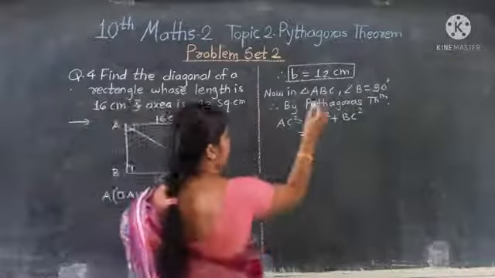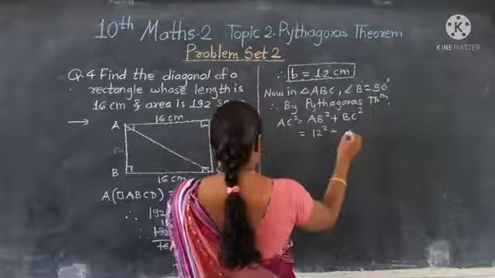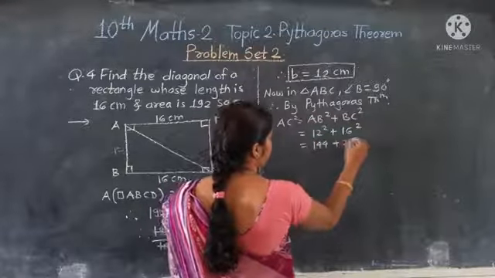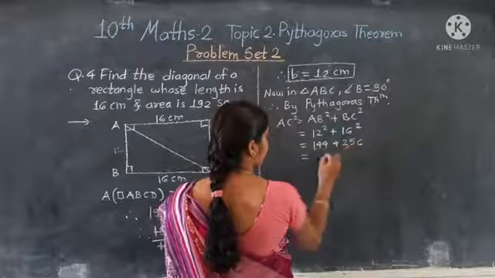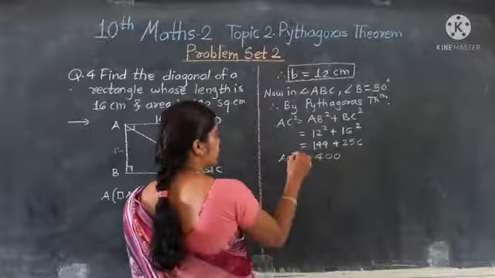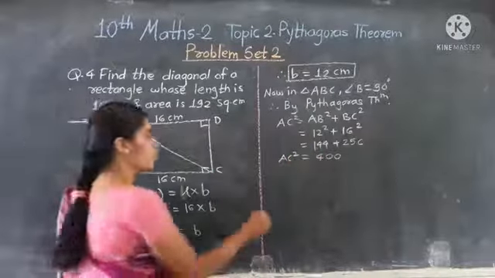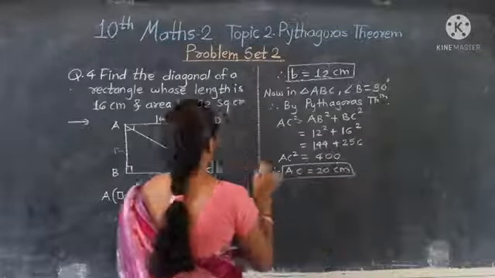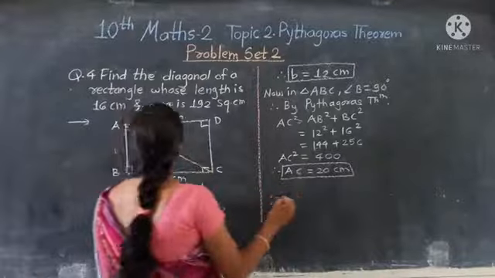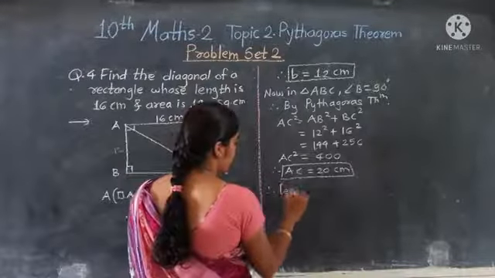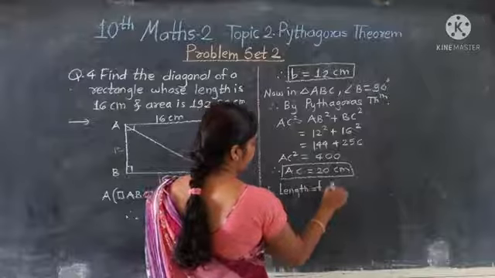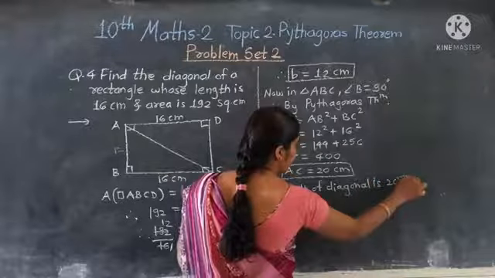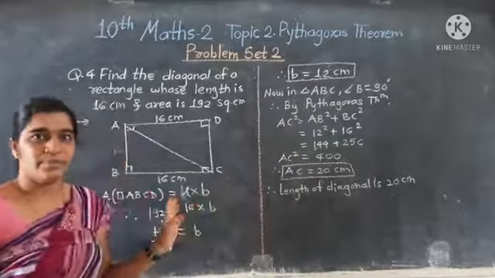We had calculated 12, plus BC is 16. 12 square is 144 plus 256, that is 400. We get AC square as 400. Taking square root on both sides, we get AC is equal to 20 centimeter. So what is AC? AC is the diagonal. Therefore, length of diagonal is 20 centimeter. Okay, very simple.